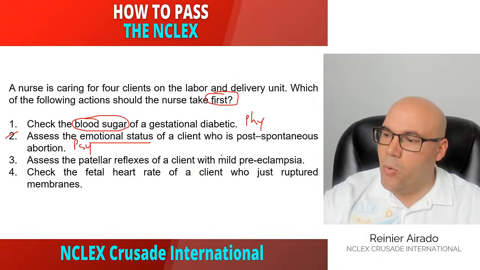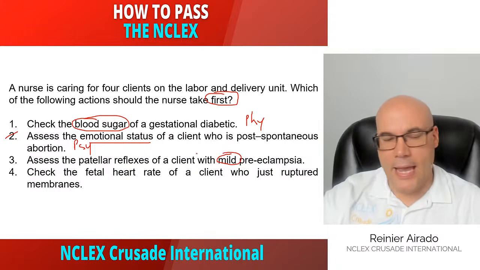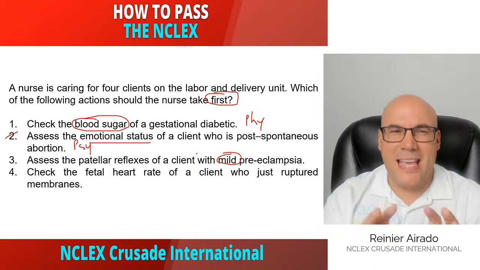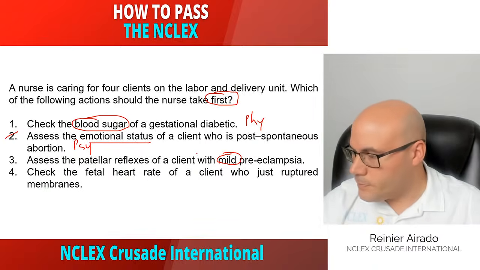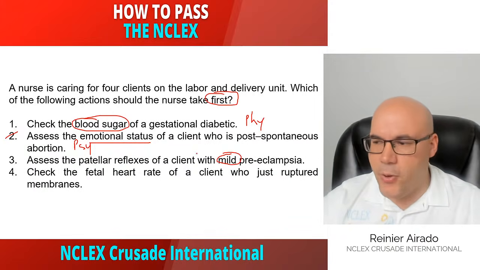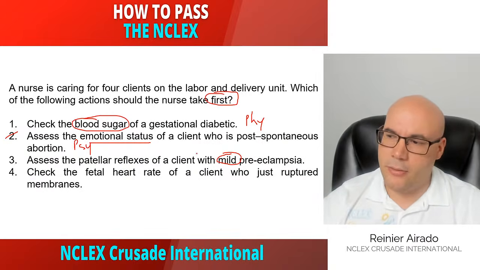But notice the word mild. Mild indicates that this is not a severe problem. So between 1 and 3, they're both in the physiological range.